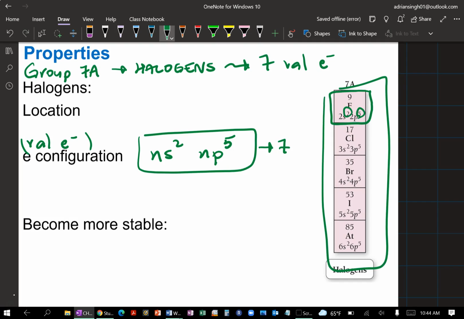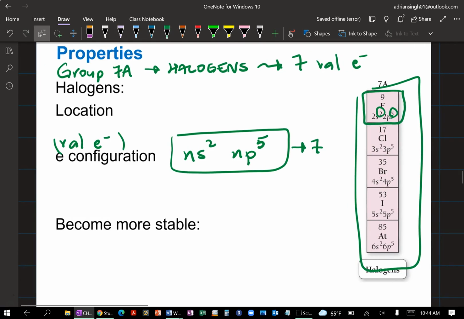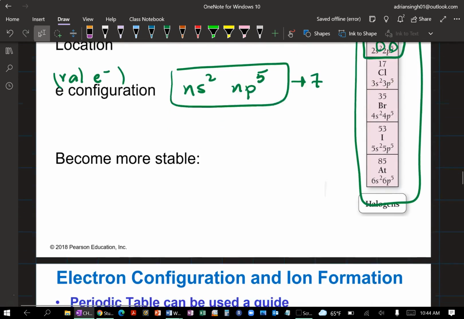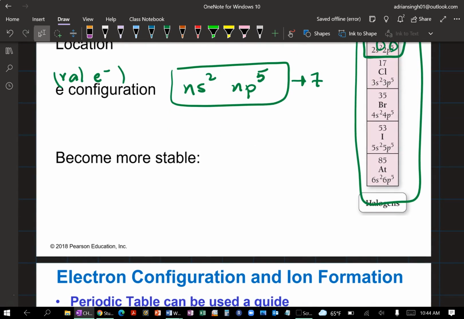So in order to be like the nearest noble gas to these, we said the noble gases all have 8 valence electrons. So for these halogens to become more stable, right now they have 7 valence electrons. They want to have 8. The easiest way to do that is to gain 1 electron to become more stable.